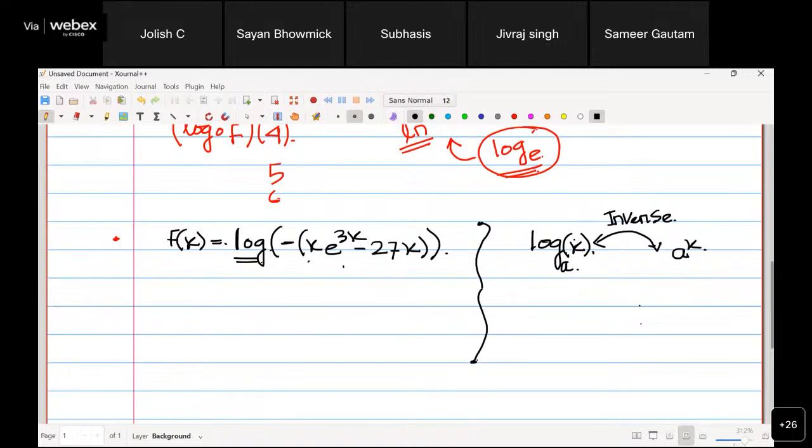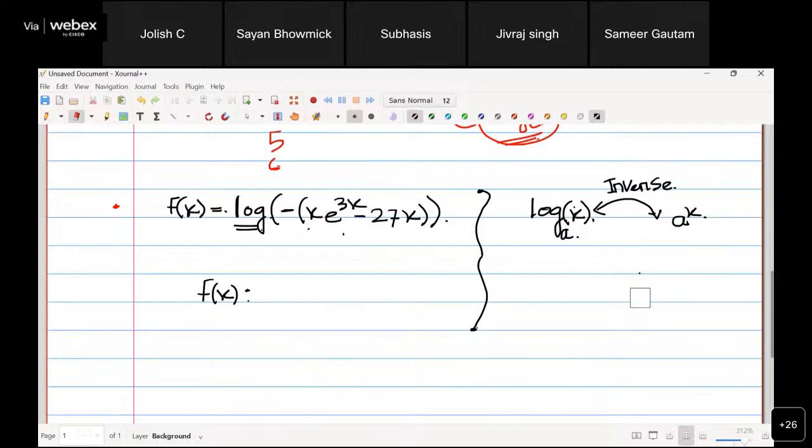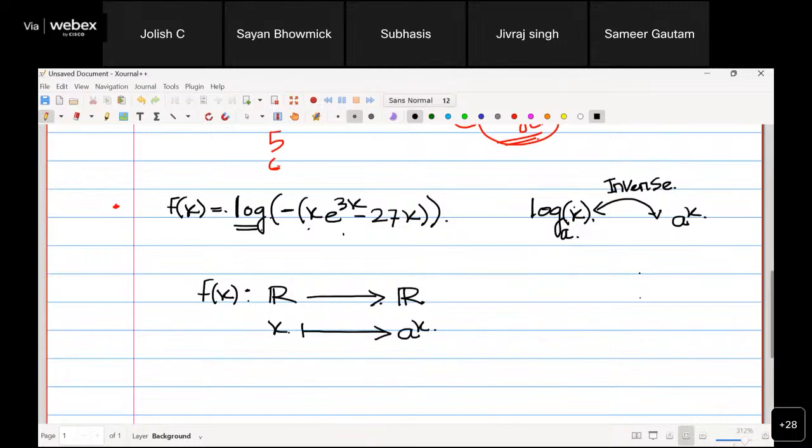So first, for that you have to understand what this exponential function is. This is a function from R to R, x goes to a power x, correct?